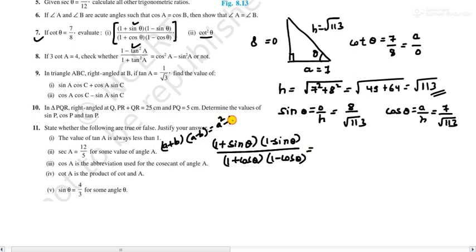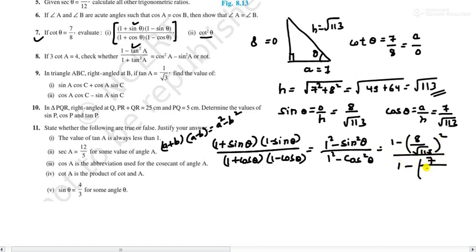A square minus b square. A plus b, a minus b. So this becomes 1 square minus sine square theta, and similarly 1 square minus cos square theta. So this is 1 minus, what is sine theta? 8 by root 113 whole square, and here this is 1 minus 7 by root 113 whole square.